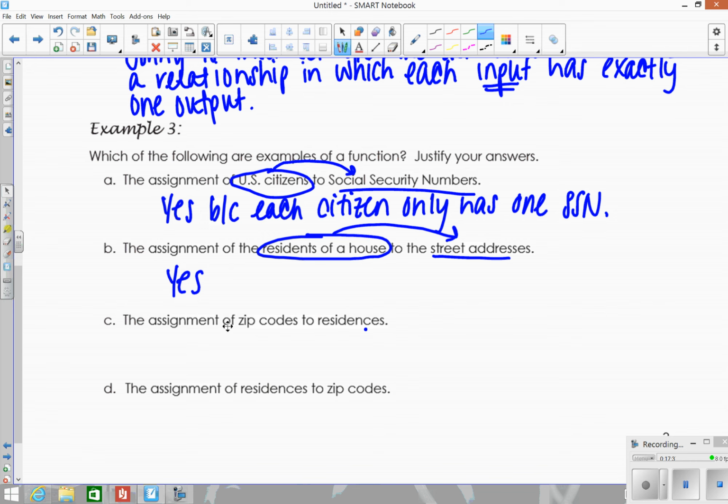With this one, you can go either way. You just have to make sure that your explanation backs up whatever answer you're giving. So I'm saying yes because each resident only has one address.